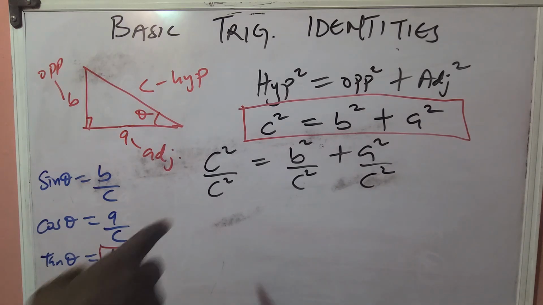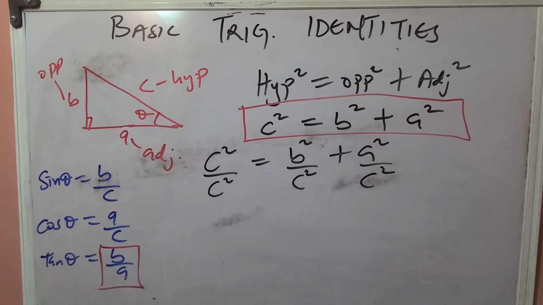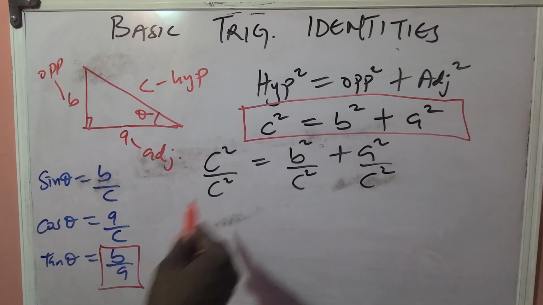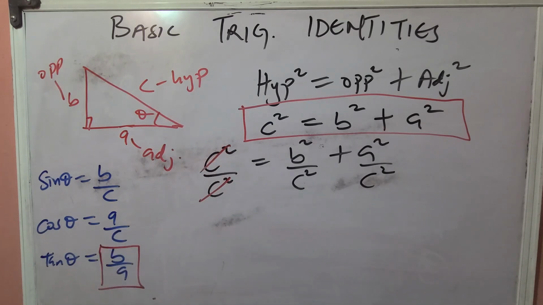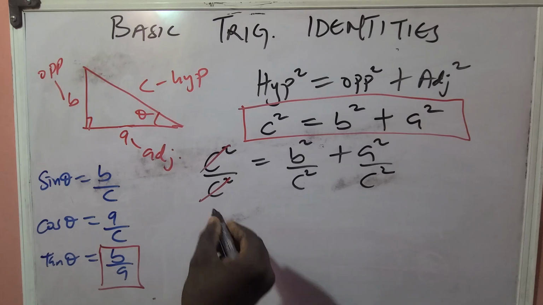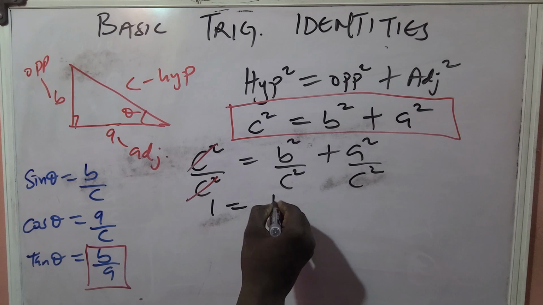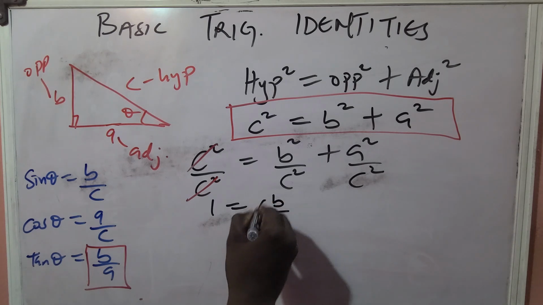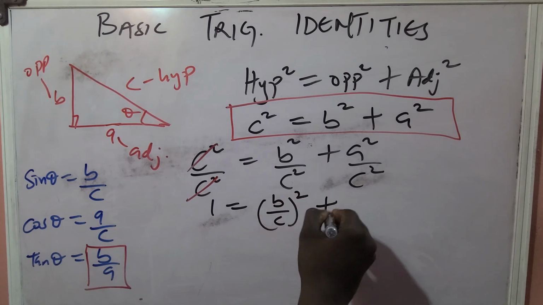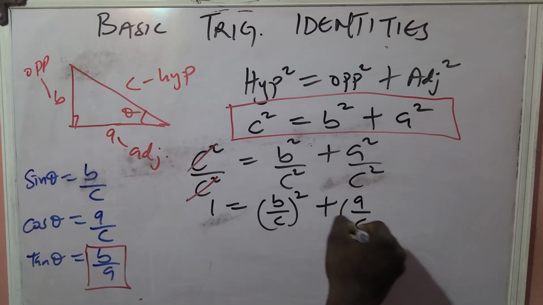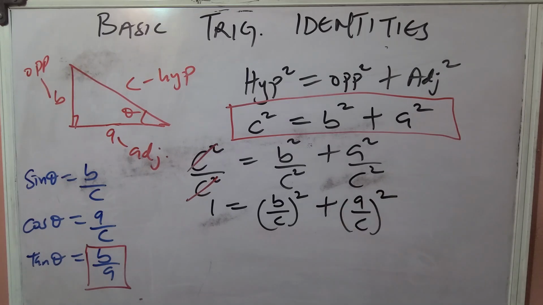When you do this, you'll get this cancelling each other, obviously, and then we'll be left with 1 equals b over c all square plus a over c all square.